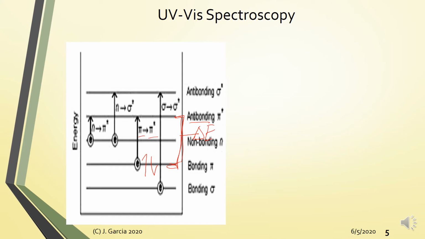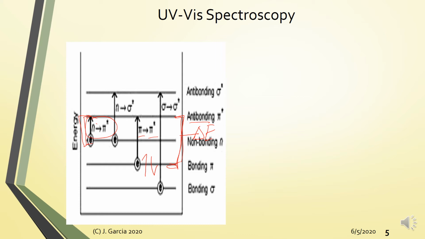Now, n to pi star relatively has a smaller energy gap between the energy levels. This type of transition is common for organic molecules with heteroatoms, like carbonyls, amines, and amides.